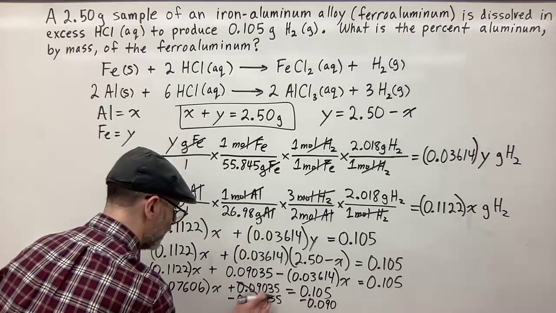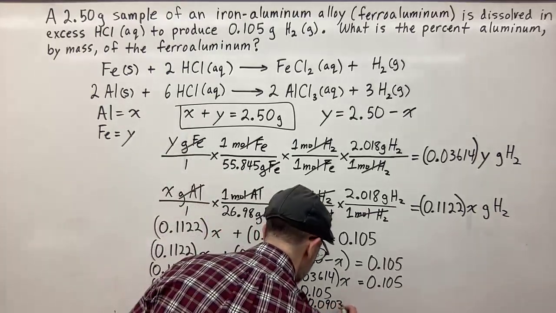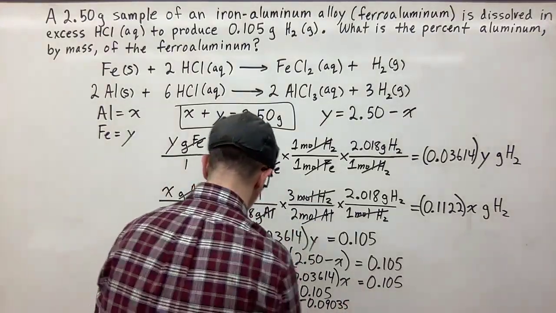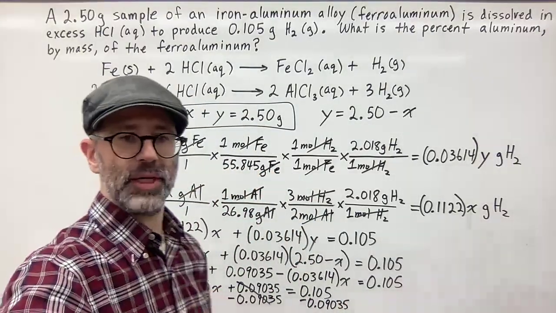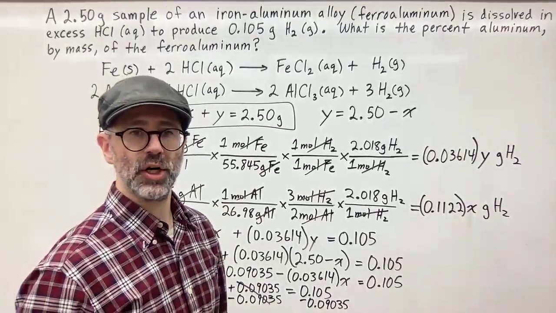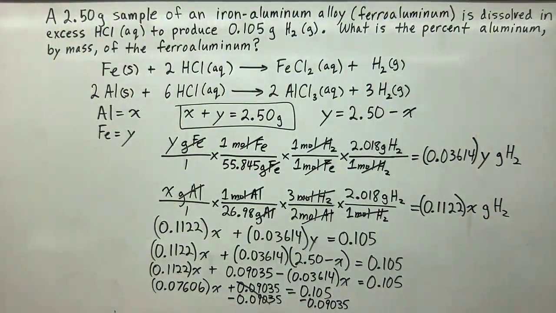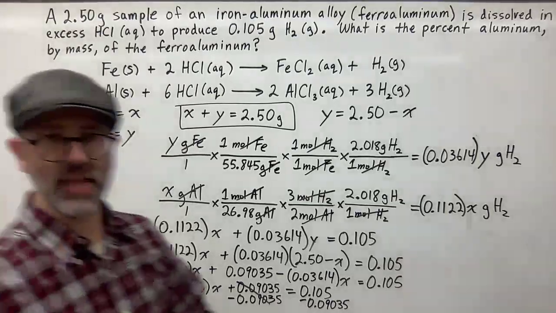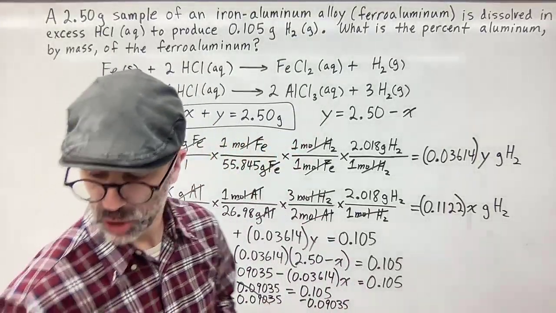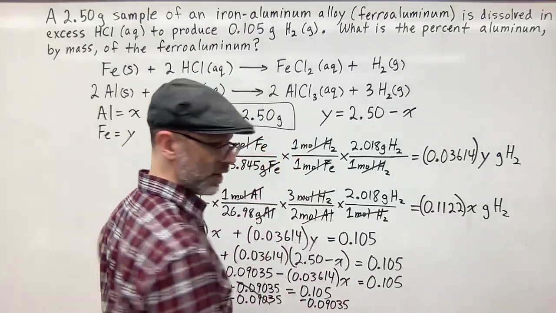So that should be 0.09035. Okay, so when I subtract that, I'm going to get 0.01465. Sorry about that. So I get 0.01465.